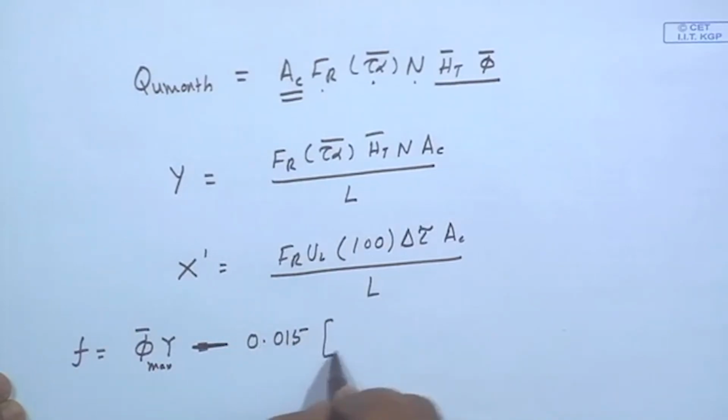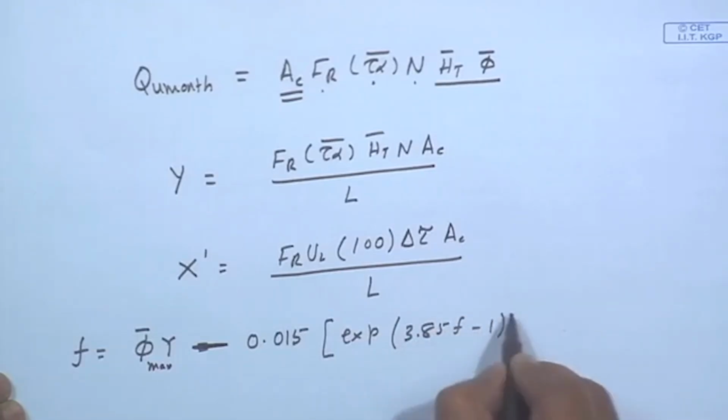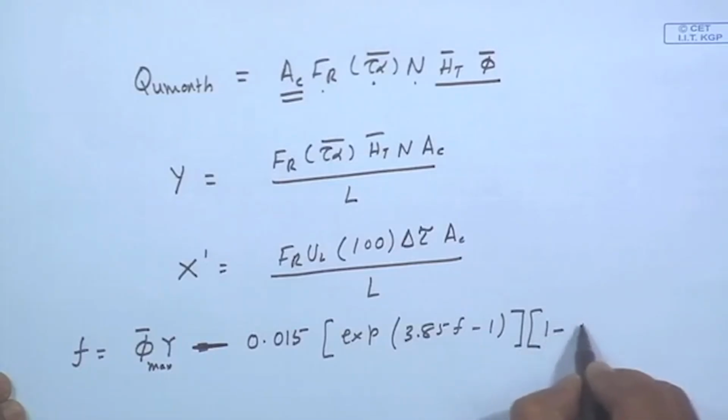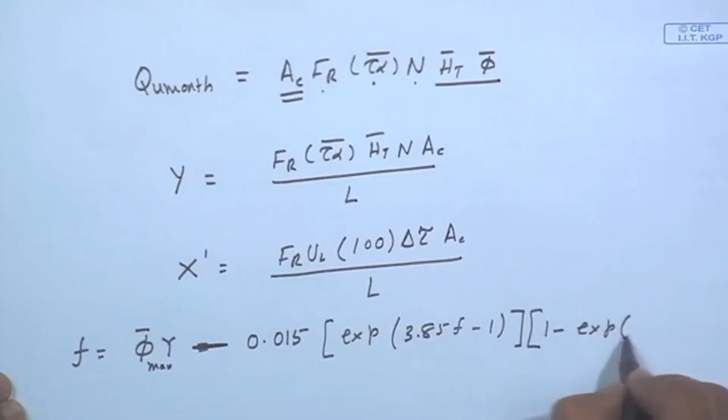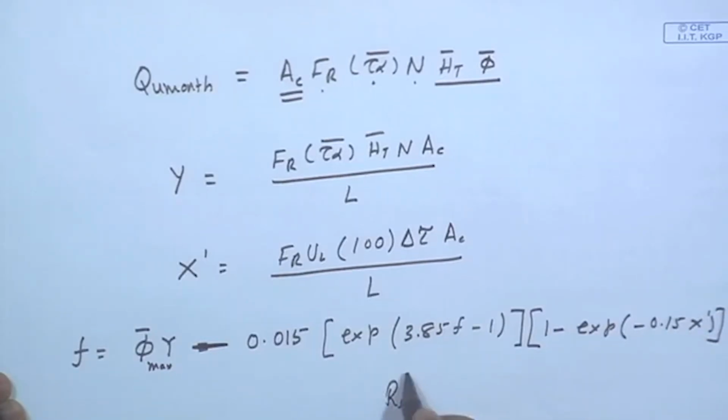This I am rewriting as f = 1 minus exp minus 0.15 X dashed, times Rs to the power 0.76, where Rs is the ratio of standard storage to the actual storage. So, the correlation contains the effect of the storage.